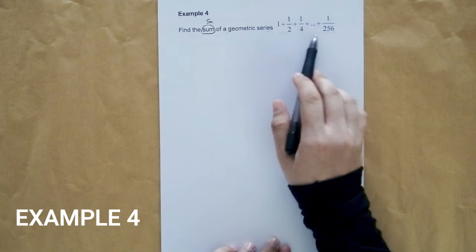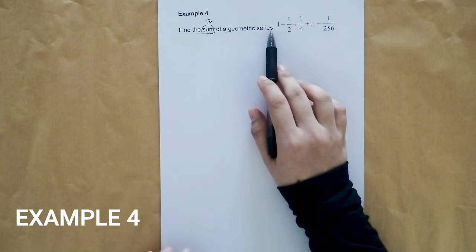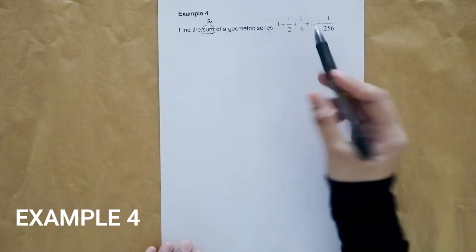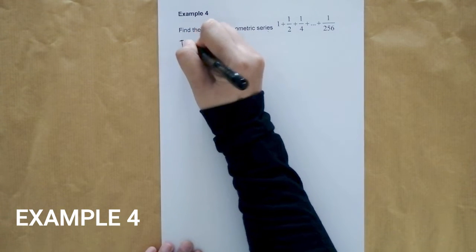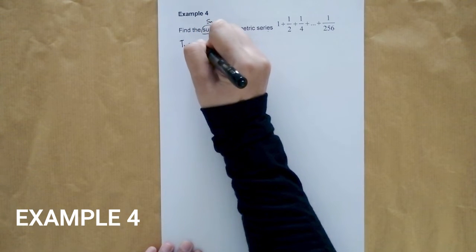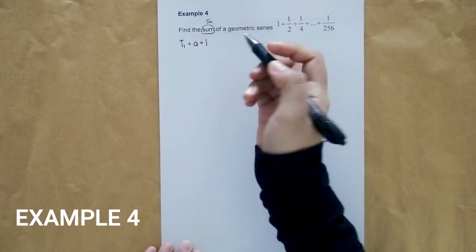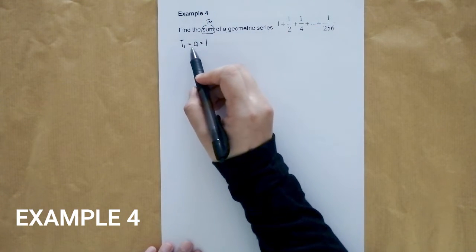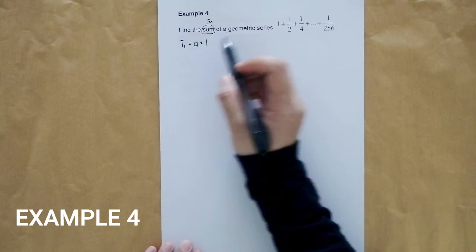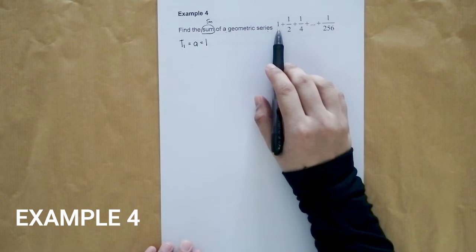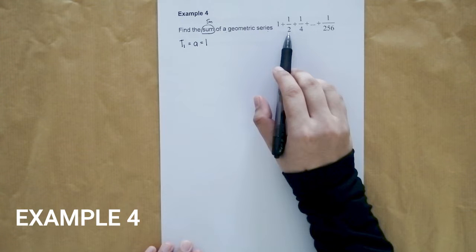Based on the series here, you can take out the information, which is that the first term, T1, equals A equals 1. And the second term is half.